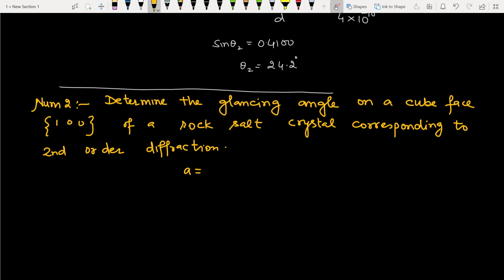Given a is equal to 2.814 angstrom and lambda is equal to 0.710 angstrom.